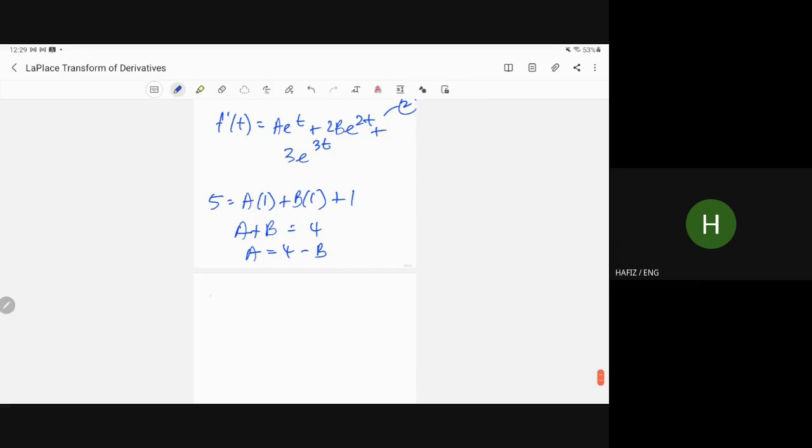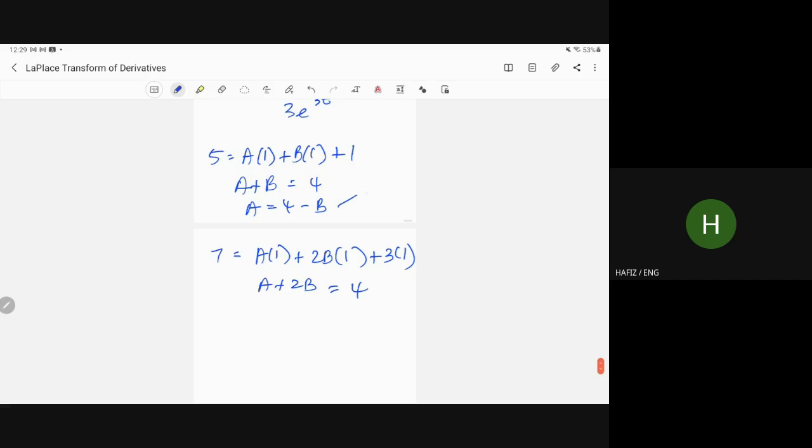Given that f'(0) is 7, equals to A e to the power 0 is 1, plus 2B times 1, plus 3 times 1. So you get A plus 2B equals to 4.